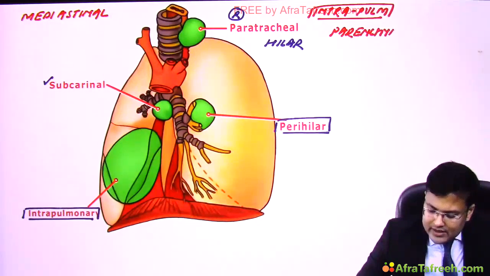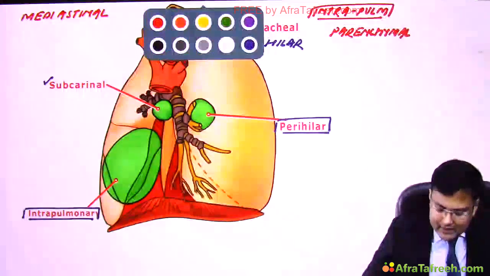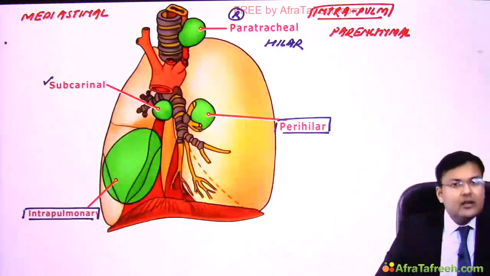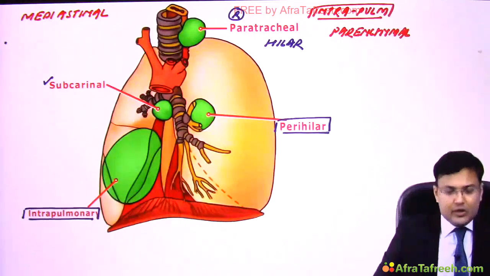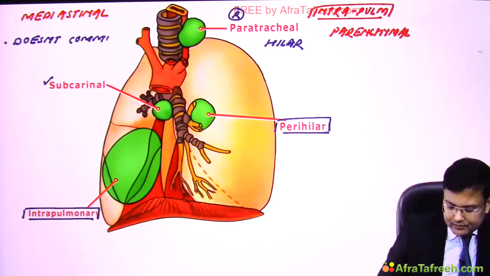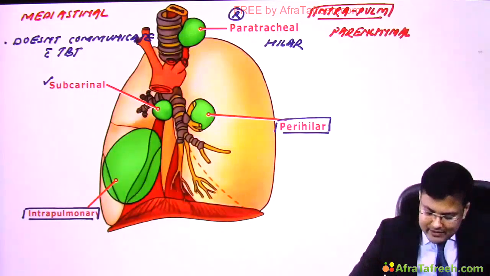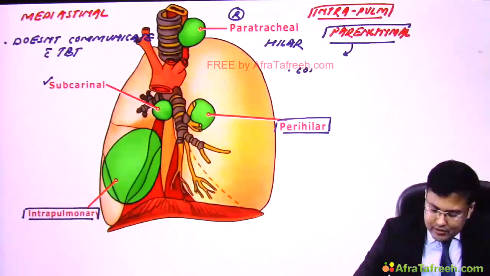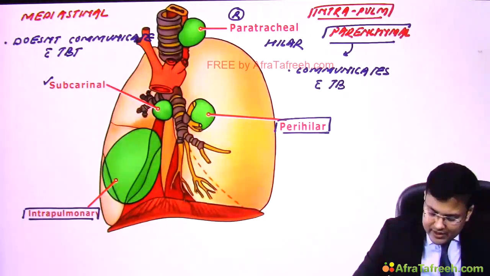It is self-explanatory that if it is mediastinal, it doesn't communicate with tracheobronchial tree, whereas the parenchymal variety communicates with tracheobronchial tree.